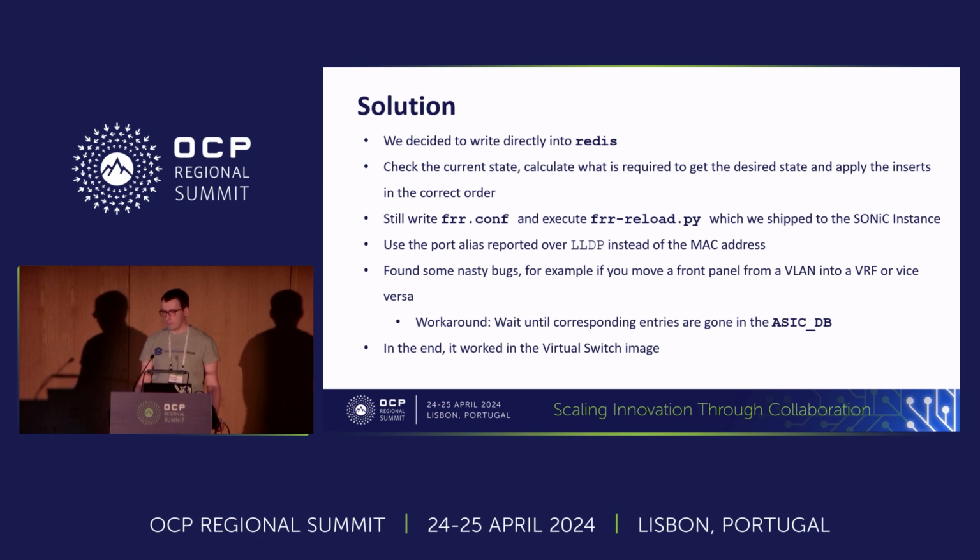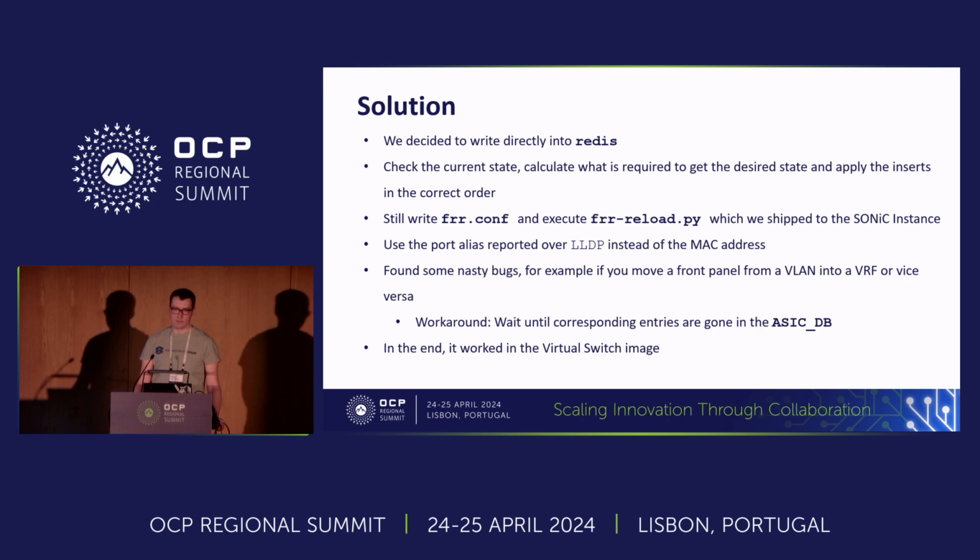And yeah, we use the same approach from Cumulus, write a full FRR configuration and trigger the FRR reload Python script. For that, of course, we have to modify the BGP container to also include this nice Python script.